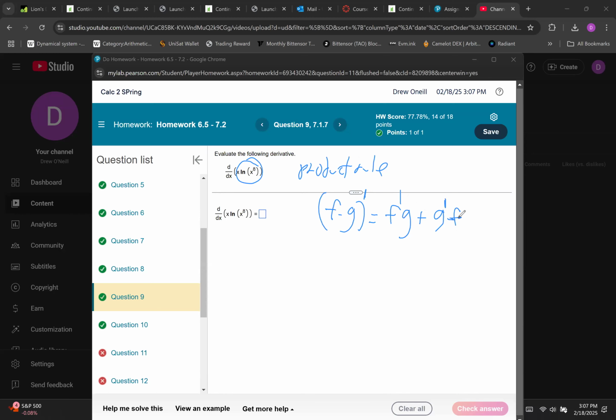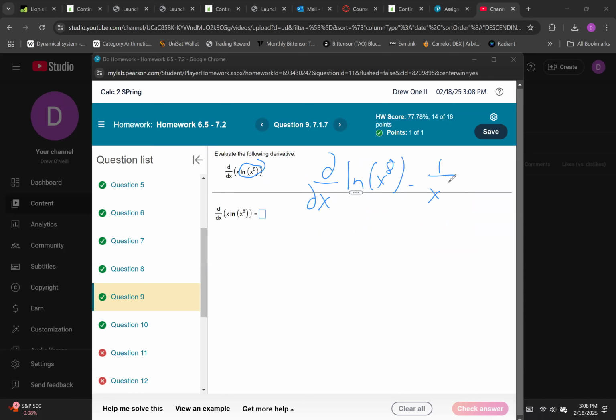What else? We need to know chain rule, right? So let's practice chain rule. If we were taking the derivative of just this, we do the outer one first. In this case, it's natural log. The natural log function says when you take the derivative of it, it's going to be 1 over whatever's inside.